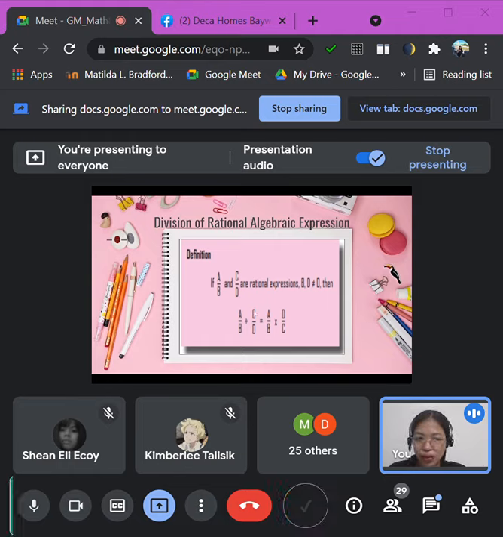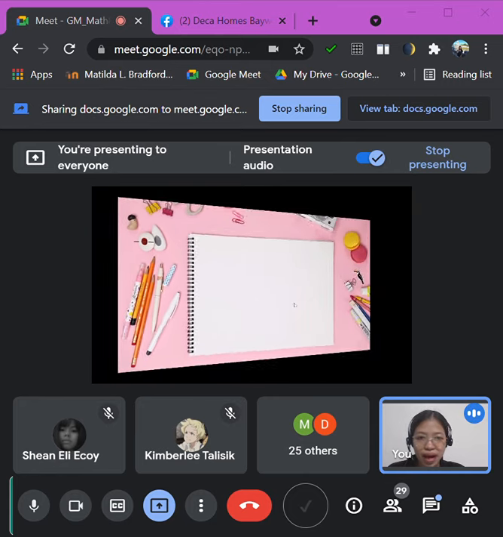Kuhaon sa nato iyahang reciprocal and then mag-go on ta sa atong multiplication, in which mabalik gihapon nato atong gibuhat paganina. So, let's have an example.